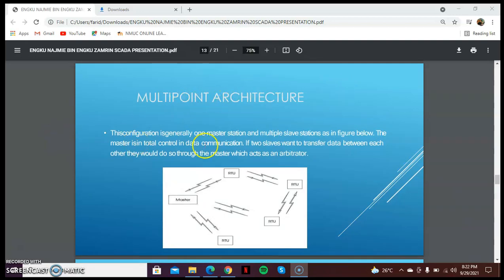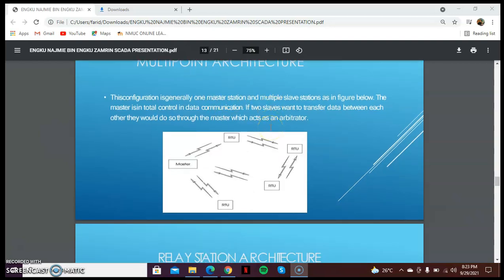Multi-point architecture. This configuration is generally one master station and multiple slave stations, as in the figure below. The master is in control of the data communication. If two slaves want to transfer data between each other, they would do so through the master, which acts as an aggregator.